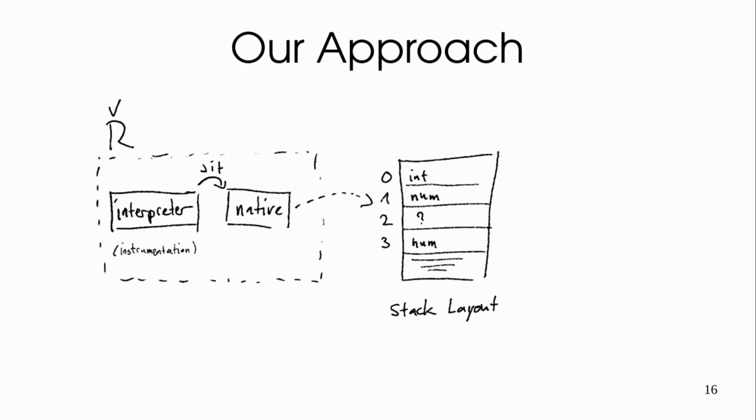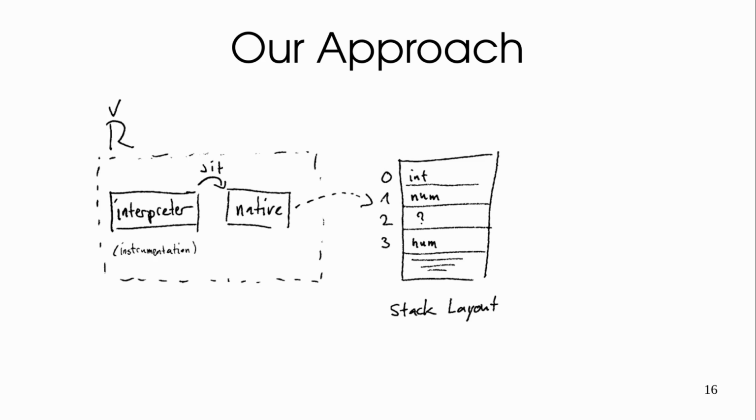So in this example, let's assume we have a function which has 4 stack slots. In the first stack slot, there is something that we know is an integer. In the first stack slot, there is something that we have observed to be any kind of number. The stack slot number 2, we don't really know. And stack slot number 3, again, something that we have observed to be a number.